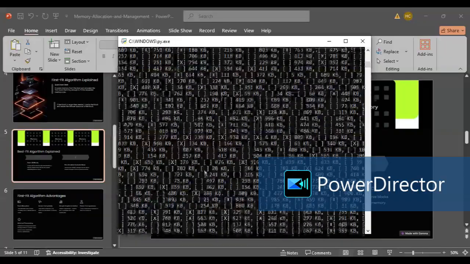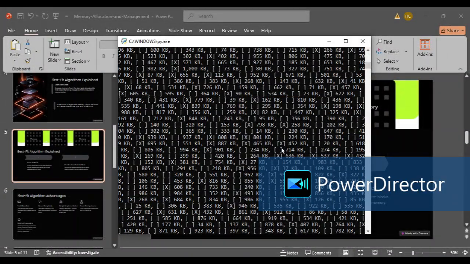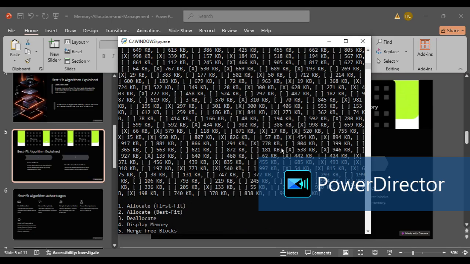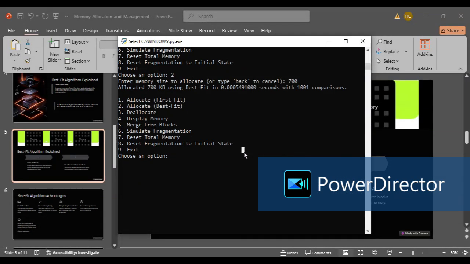It searched through all 1001 blocks, found the free spaces that can accommodate the 700 kilobytes, and then used the least space amongst the free spaces it found. So we'll try that again, 5 times.